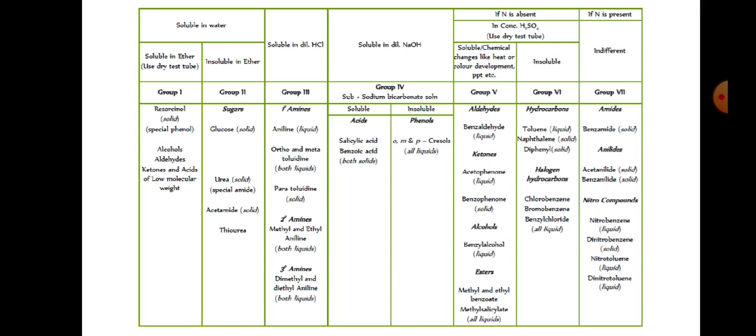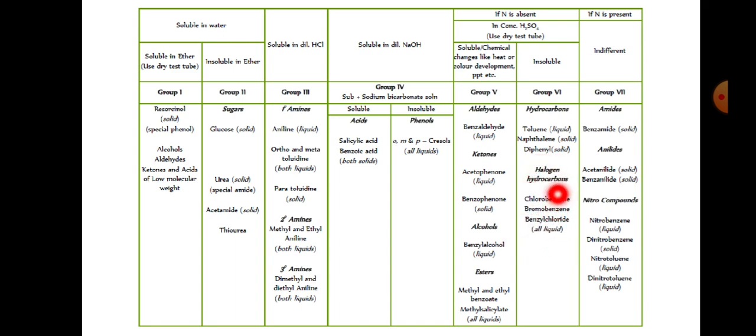In group 5 we have especially the aldehydes and ketones like benzaldehyde, acetophenone, benzophenone, alcohols and so on. Then in group 6 we have hydrocarbons which are liquid like toluene, then solid like naphthalene, which you can also smell and get a very good hint about the naphthalene. Then chlorobenzene, bromobenzene, benzyl chloride and so on.